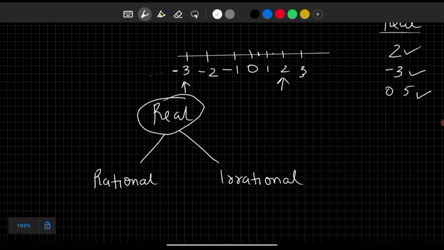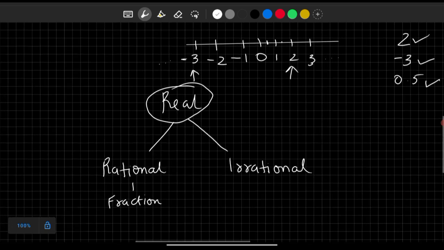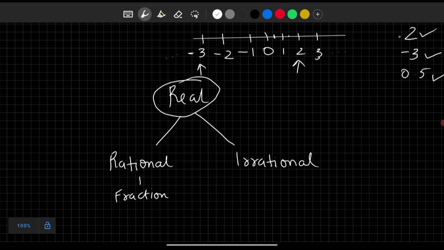All right, now what do we mean by rational numbers? Rational numbers are the numbers that can be represented as a fraction. So, if we can represent any number as a fraction or as a ratio of two numbers, then that is known as a rational number. So, for example, we said 2 is a real number.